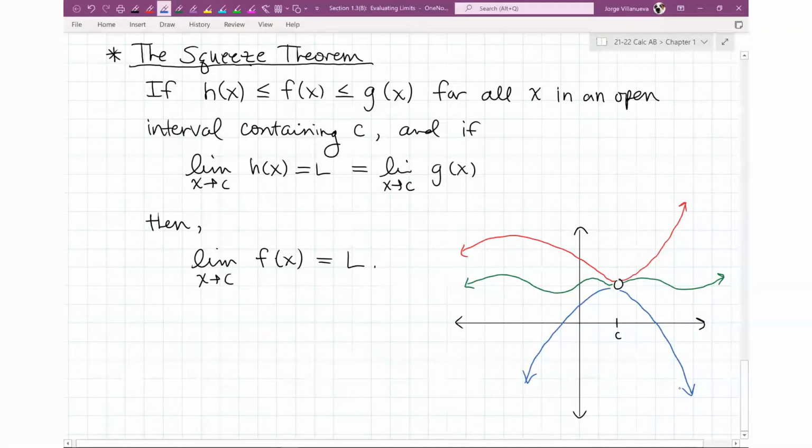So let's see, g of x would be the biggest one, f of x would be in the middle, and h of x would be at the very bottom.